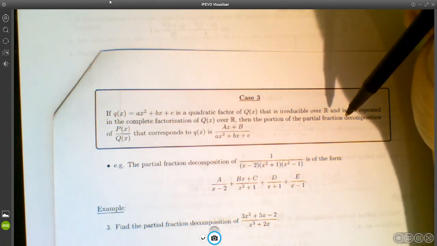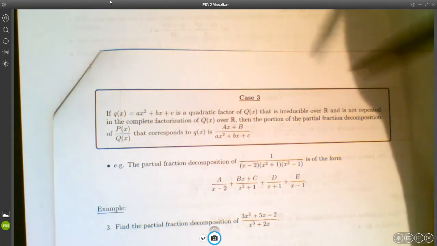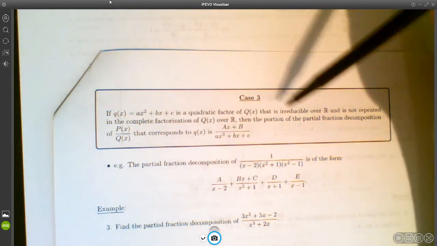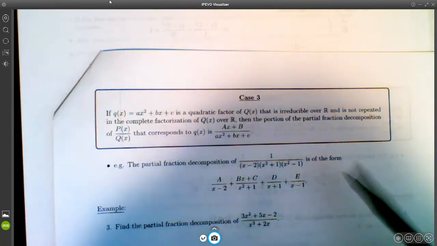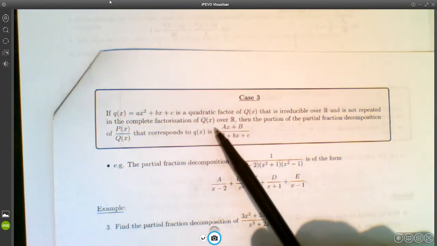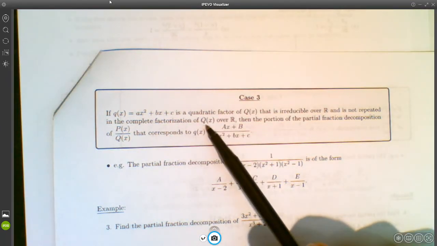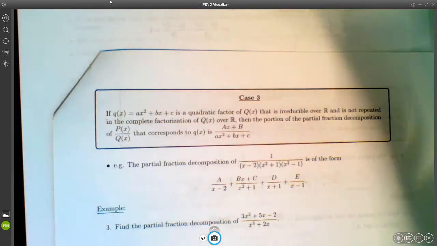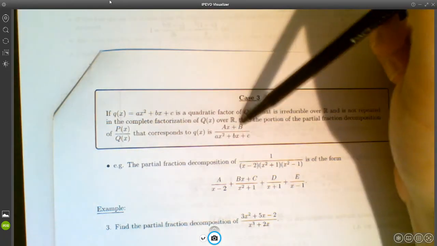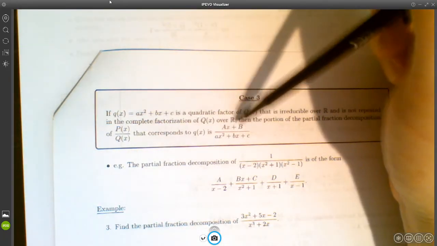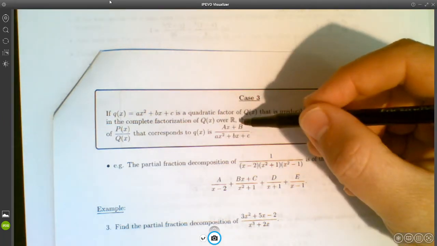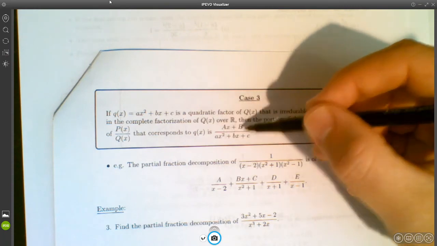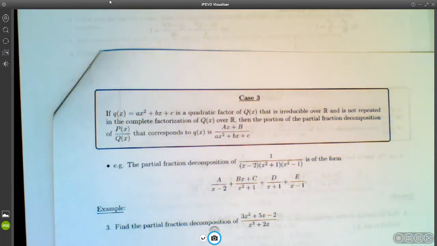So when you have that situation, the portion of the partial fraction decomposition that corresponds to Q is going to be Ax plus B over Q. All right? So whenever you have a quadratic factor, the numerator needs to be linear. That's the moral of that story.